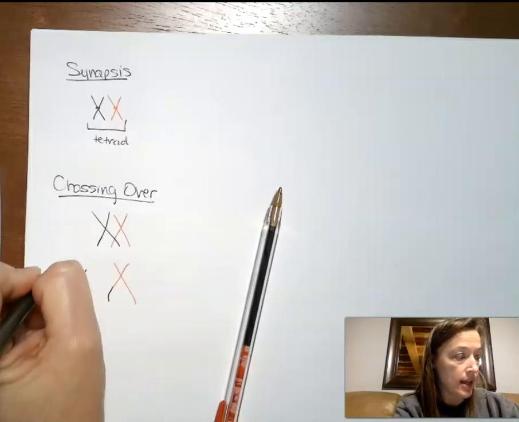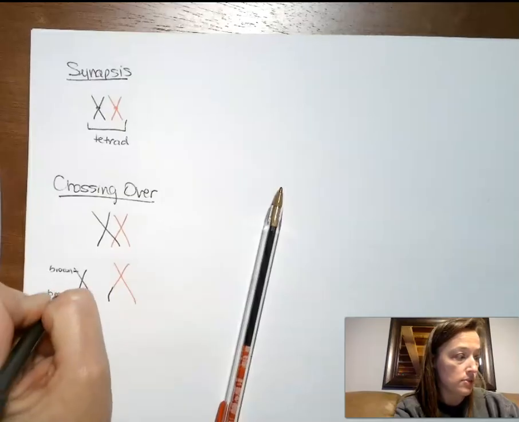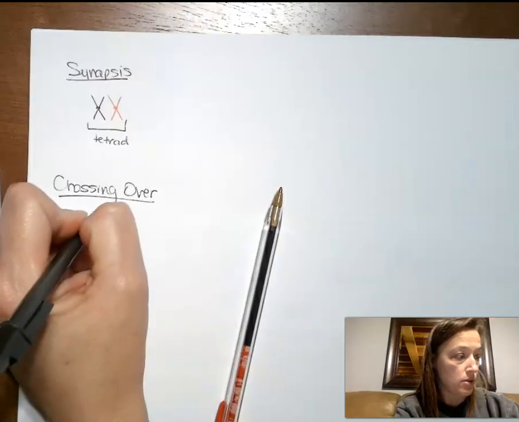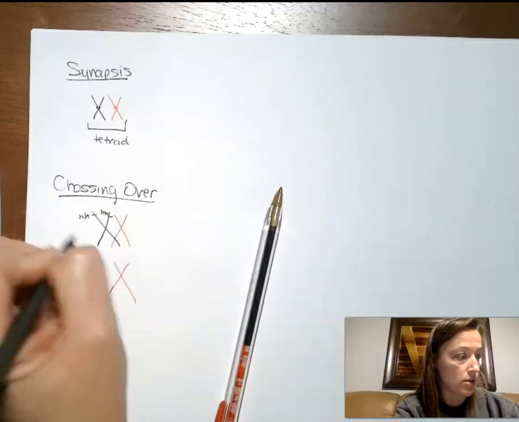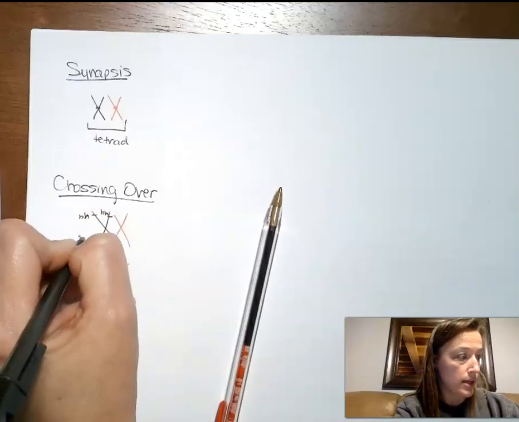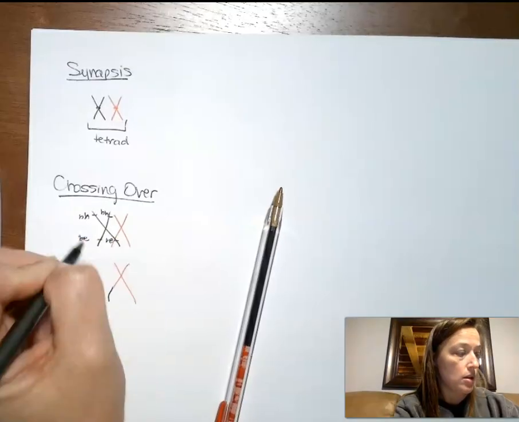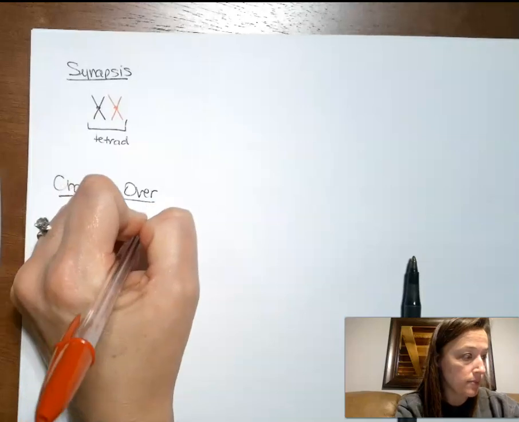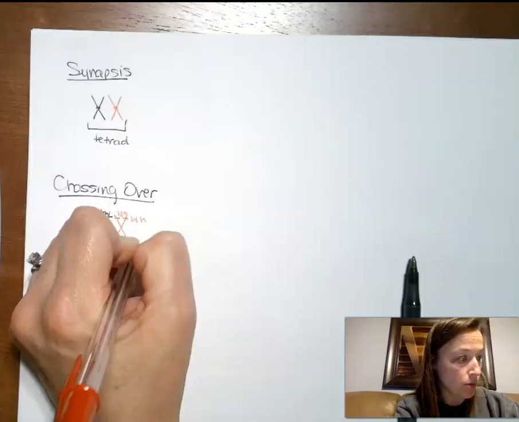Let's say that dad had brown hair and brown-eyed genes, okay? And so we have brown hair, let's do an H for hair, brown eyes, and brown eyes. And let's say that mom has blonde hair, so we'll do BL for that, and blue eyes.